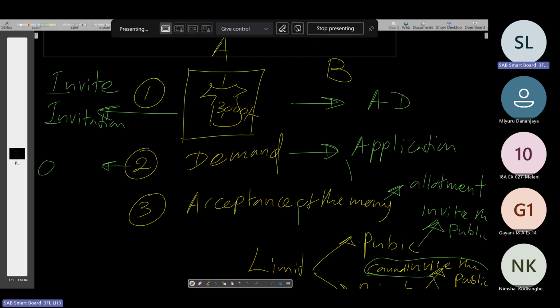That is the proposal made by the applicant to purchase the shares. That is the offer. And the offer is accepted by allotment. So this is acceptance. So three steps we can identify: invitation, offer, acceptance. So in a company, invitation.